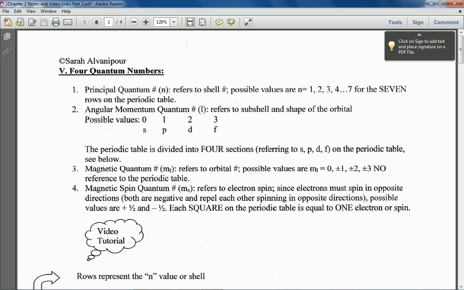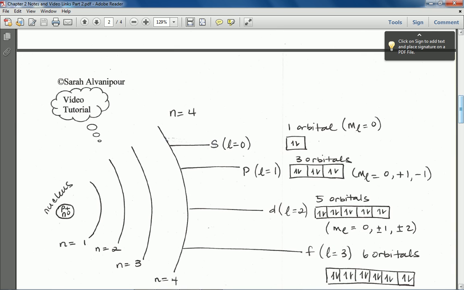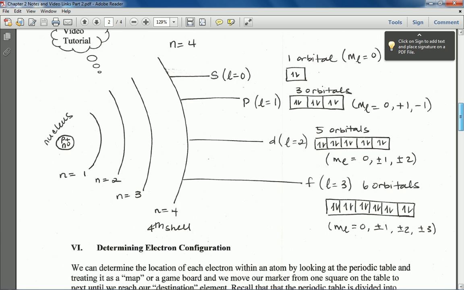Now, which arrow is the plus and which is the minus is arbitrary at this point, but you should know that for each pair of electrons, each arrow designation would be a +1/2 and a -1/2.